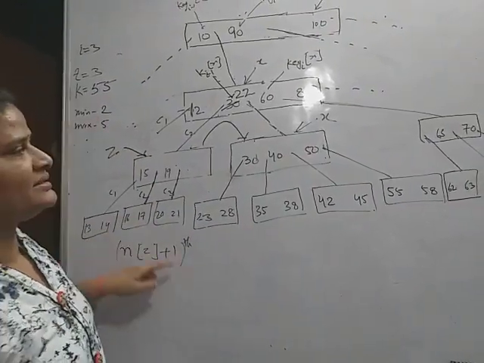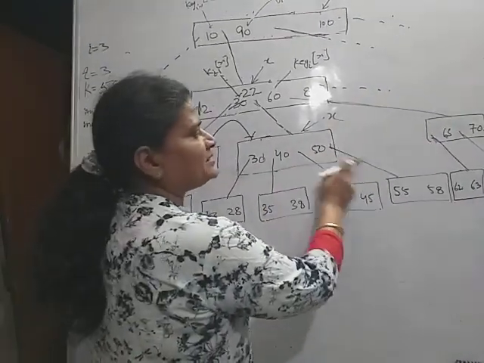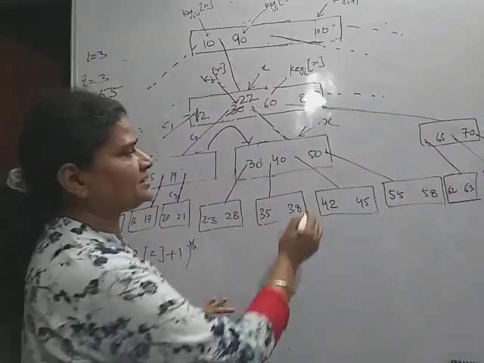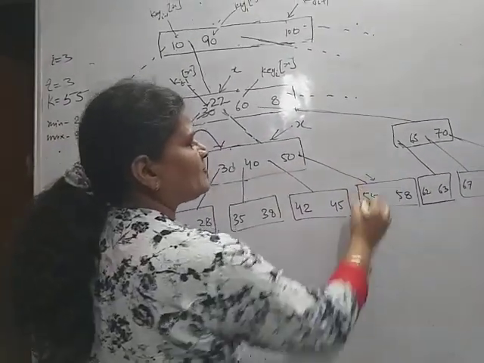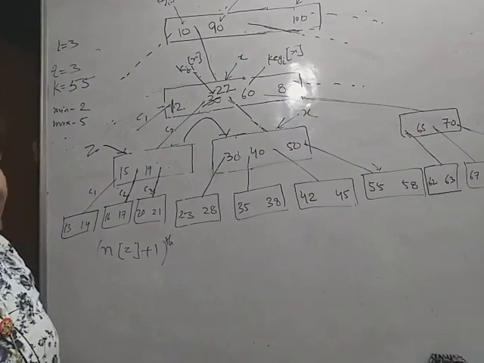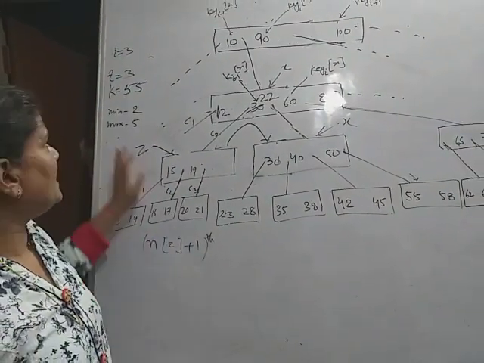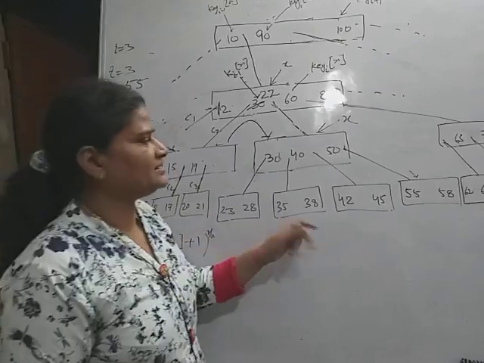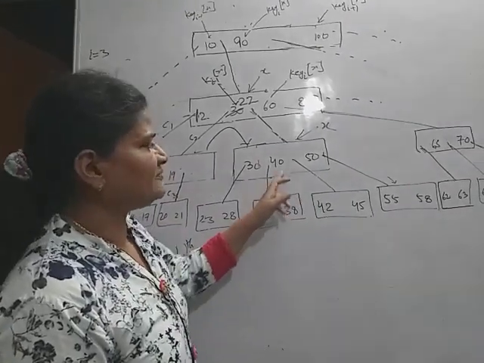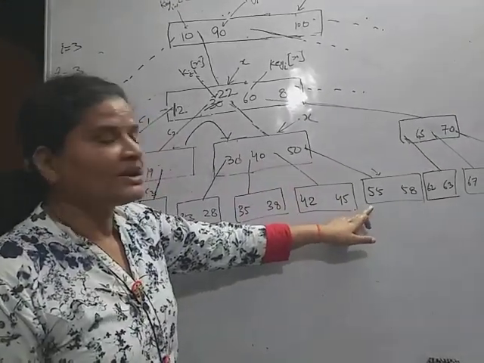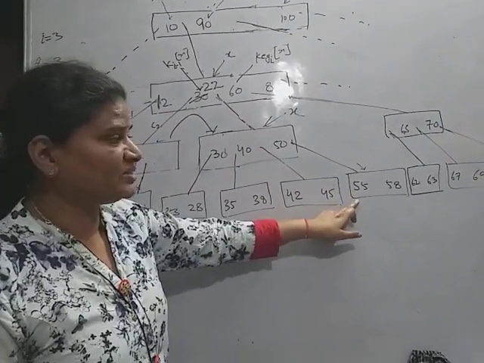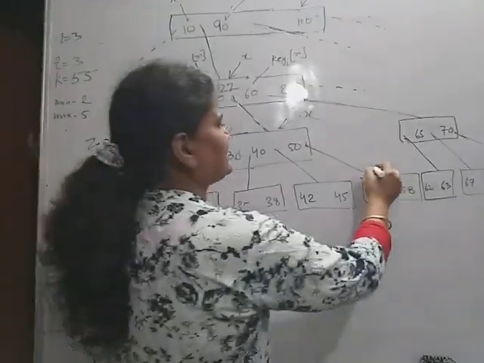So here this is the appropriate child, where the 55 may be deleted. Now again suppose 55 is to be deleted.